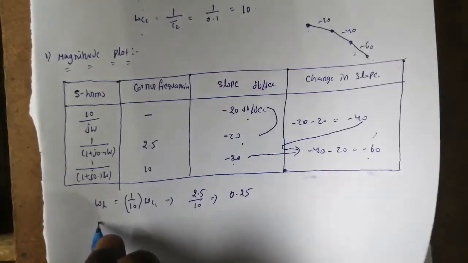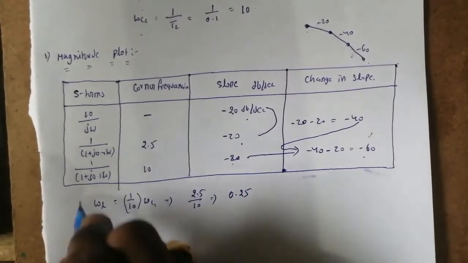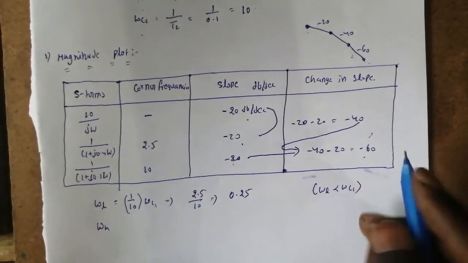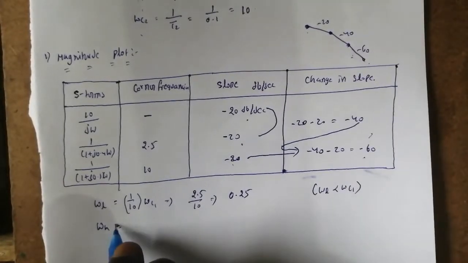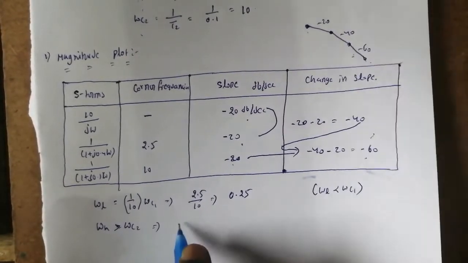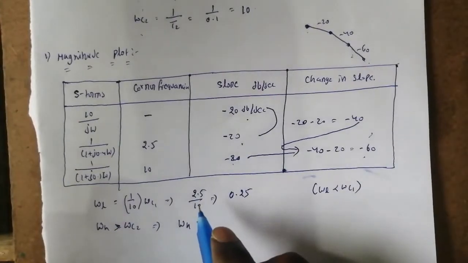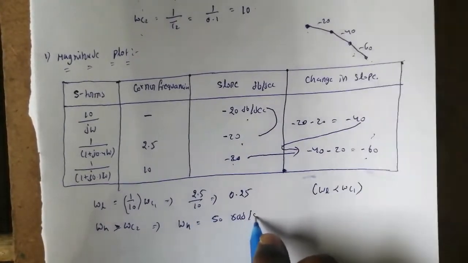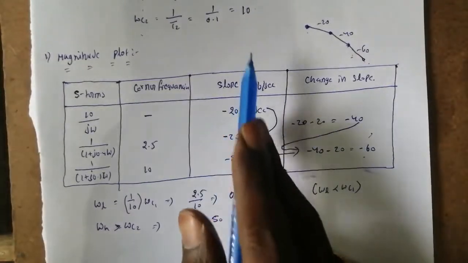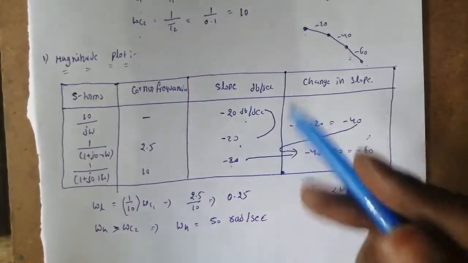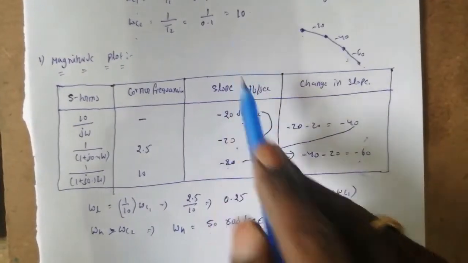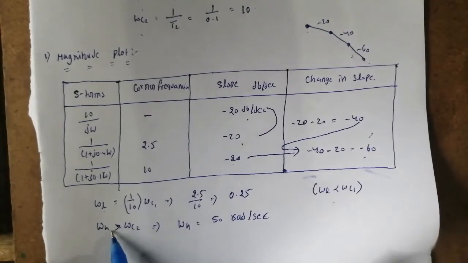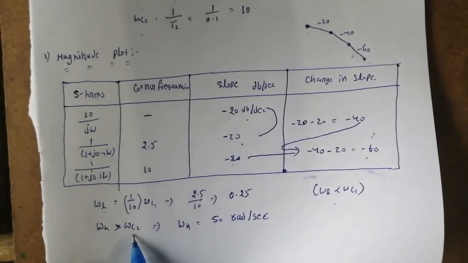And omega L is always less than omega c1, right? And omega h is always greater than omega c2, so you can consider any value for omega h. I am considering here omega h equals 50 radians per second. Here omega c2 is 10, right? So we can choose any value greater than omega c2. So omega L should be less than omega c1, and omega h should be greater than omega c2.